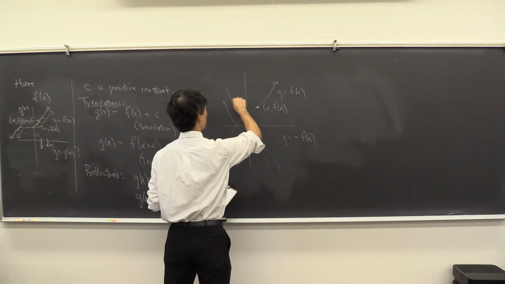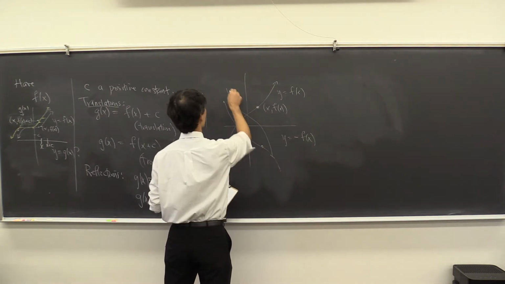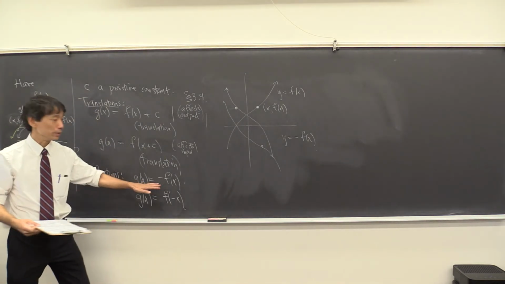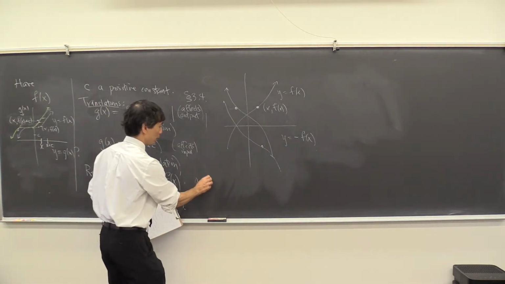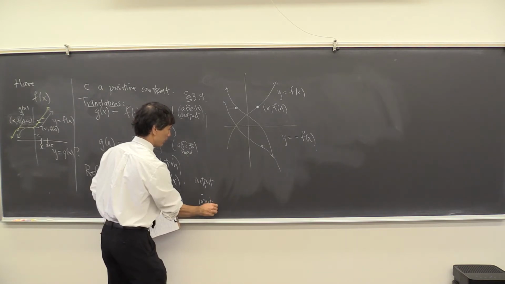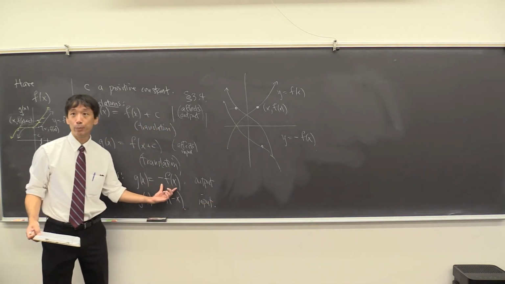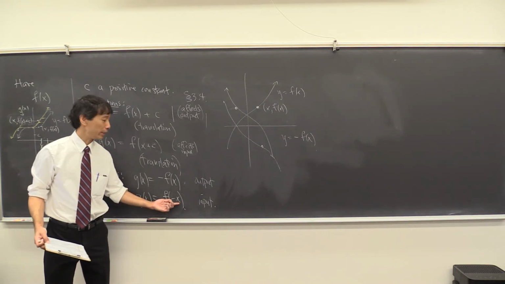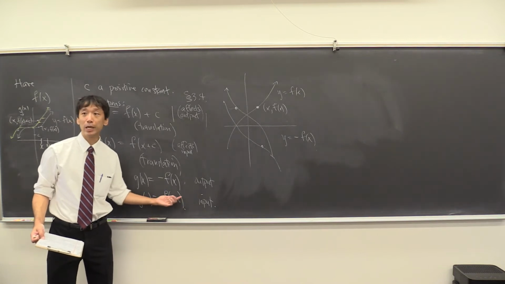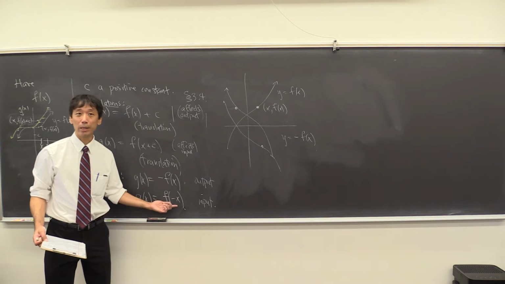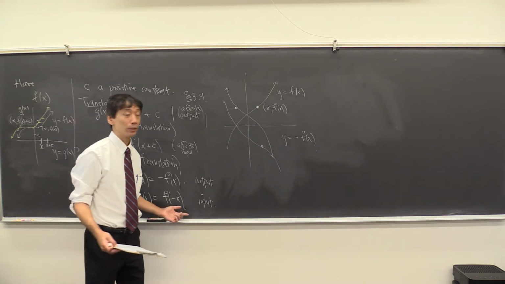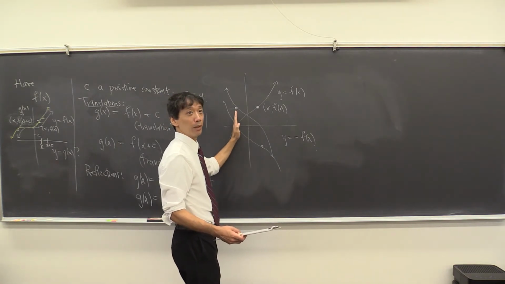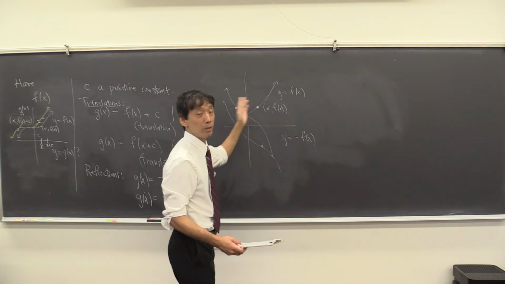And so the graph would look like this. So you get a reflection this way. Again, notice that the first one affects the output, the second one affects the input. You're taking the output and reflecting it, and here you're taking your input and reflecting it. In other words, you're reversing time. In terms of the time analogy, anything that happens at this time is going to happen at the reverse time, and so the image is going to be backwards.